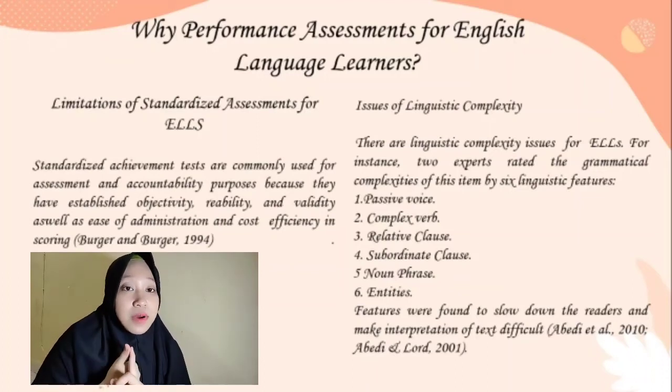First, passive voice, and then complex verb, relative clause, subordinate clause, noun phrase, and entities. According to Abedi et al. 2010, Abedi and Lord 2001, these features were found to slow down the readers and make interpretation of the text difficult.